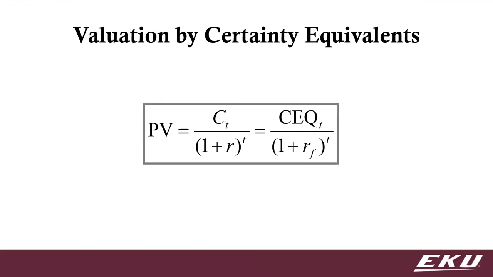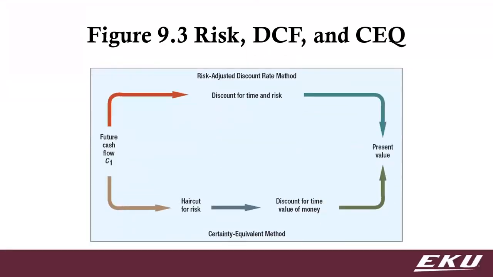Okay, an alternative, instead of using that discount rate that we've been using, we can use a certainty equivalent, but we should end up in the same place, regardless of how we do this. So we're going to look at this so we can discount for time and risk, and that's our risk adjusted discount rate method.